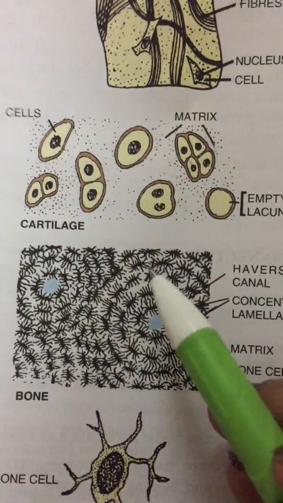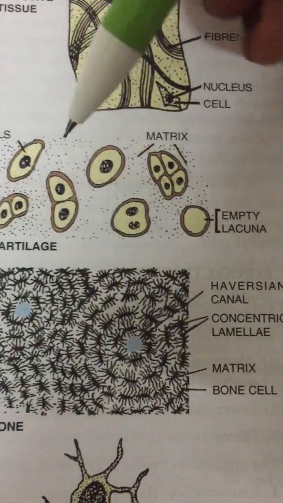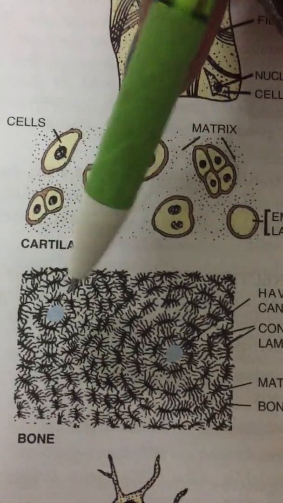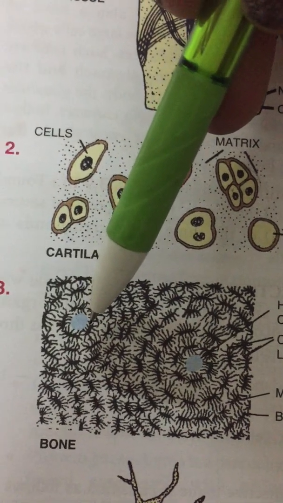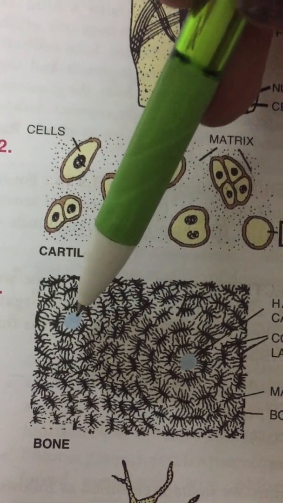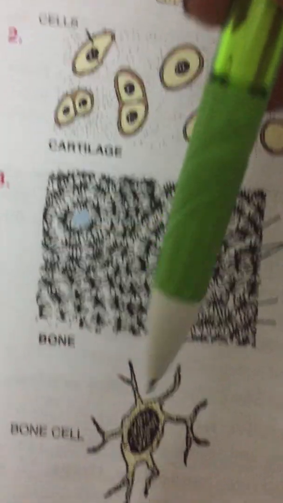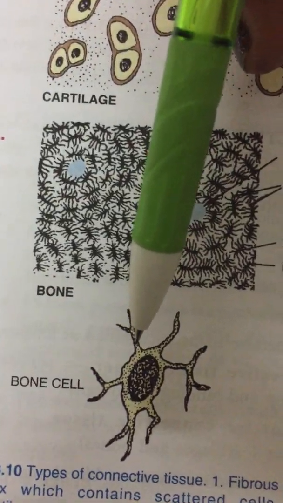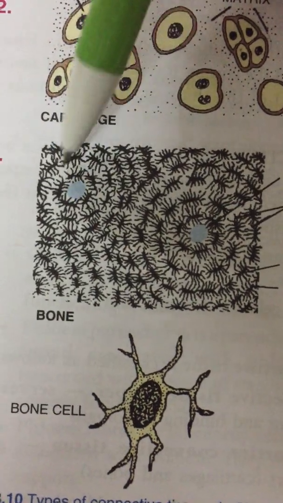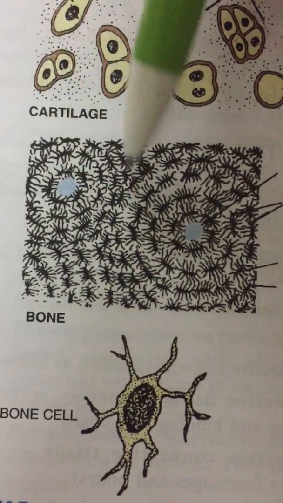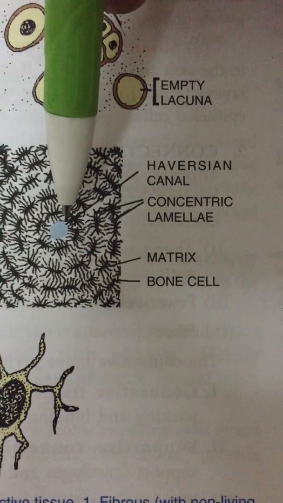This is how bone cells are arranged. Now, bone cells are arranged in concentric rings. You can see these are concentric rings. Circles or rings having a common center are called concentric circles. So this is what an individual bone cell looks like, which is called an osteoblast. And these cells are arranged in concentric circles or rings around a central canal.